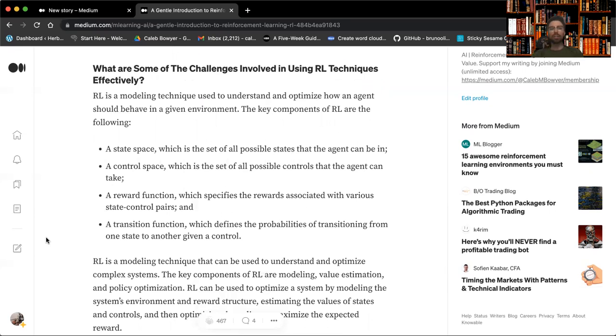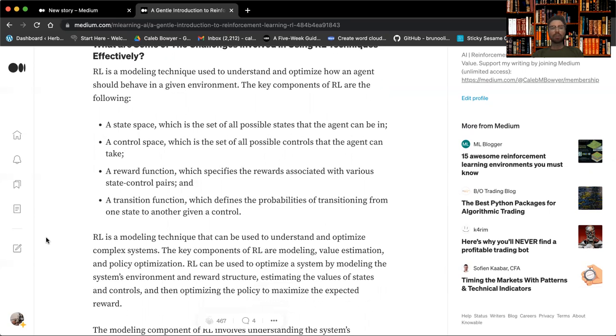What are some challenges involved in using RL techniques effectively? RL is a modeling technique. It's used to understand and optimize how an agent should behave in a given environment. The key components of reinforcement learning are a state space. A state space are all possible states that the agent can be in. A control space.